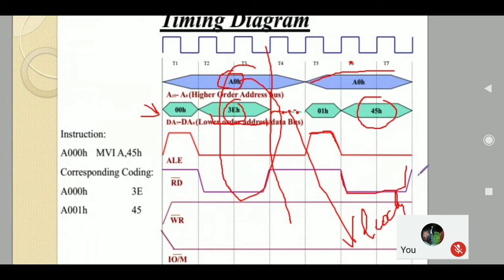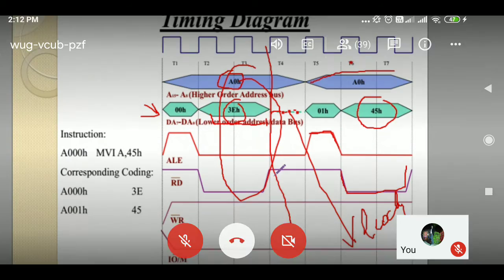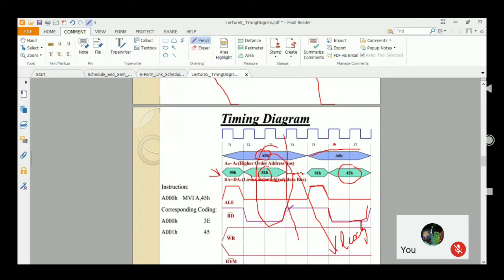First it was read, then comes the decoding portion. Why is it high here? Because there is no reading at the register. That's why it is high here.